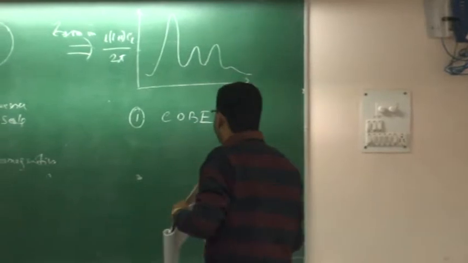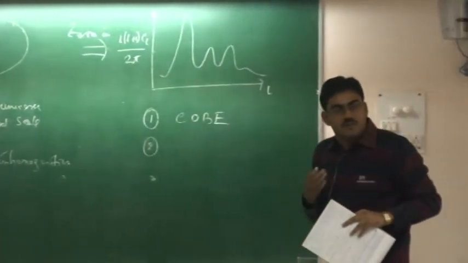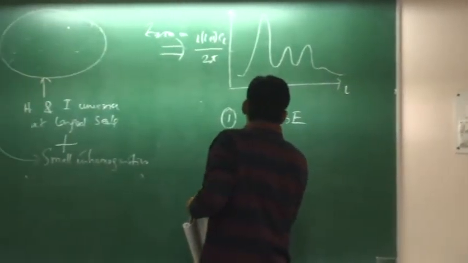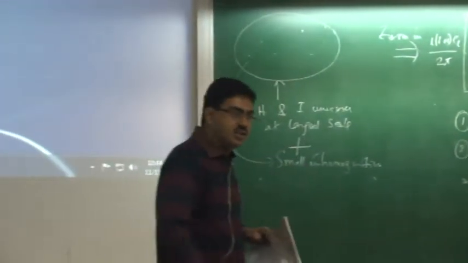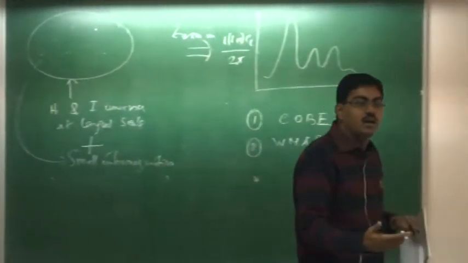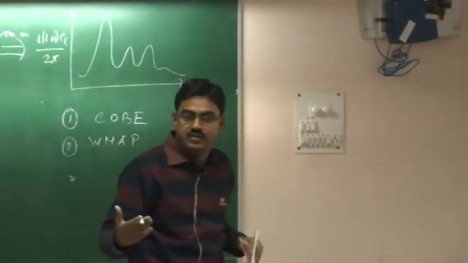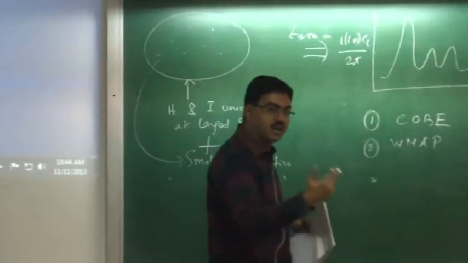Secondly, a very interesting observation which has been going on from 2001 onwards is called the Wilkinson Microwave Anisotropy Probe, WMAP. It gives you data at one year's interval, so to say, with a one year gap between subsequent data releases.